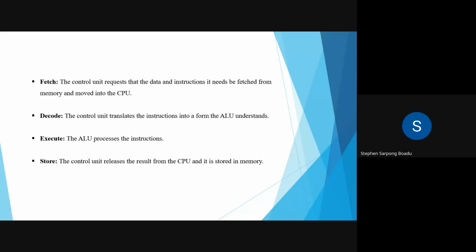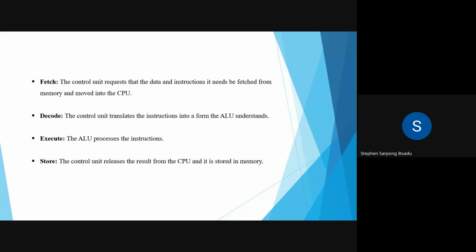So it has first fetched the data, it has decoded it into how it will understand, then it has executed it, it has performed what we said it should do. Then it goes on to store it. The result is then saved into memory, or it is outputted to the screen.